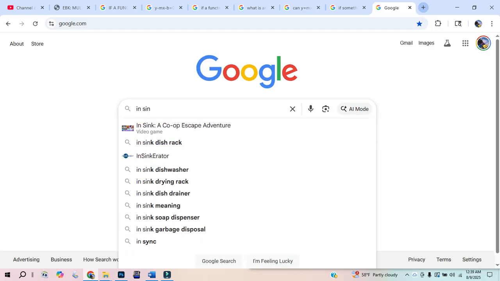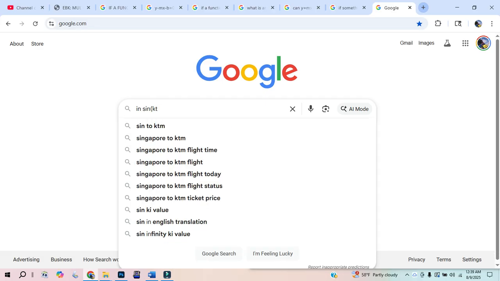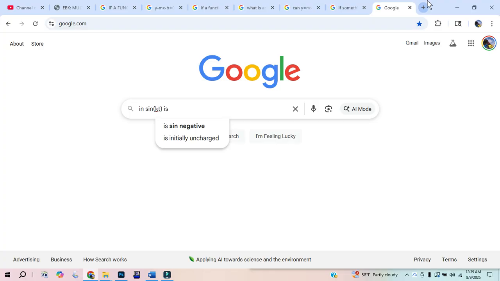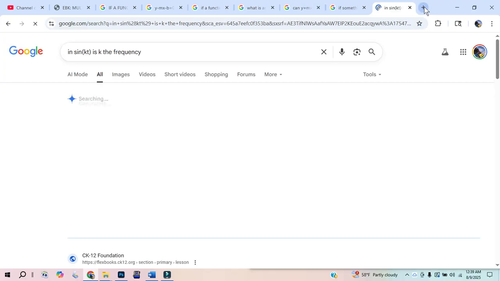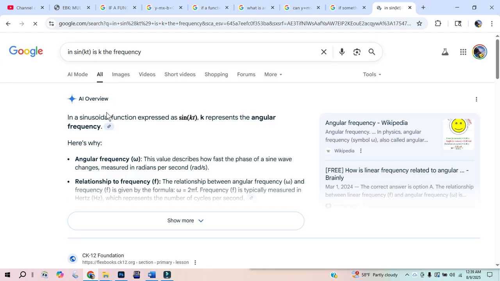In sine kt, is k the frequency? Yes, and if you just have sine equal to kt, that's also the angular frequency.